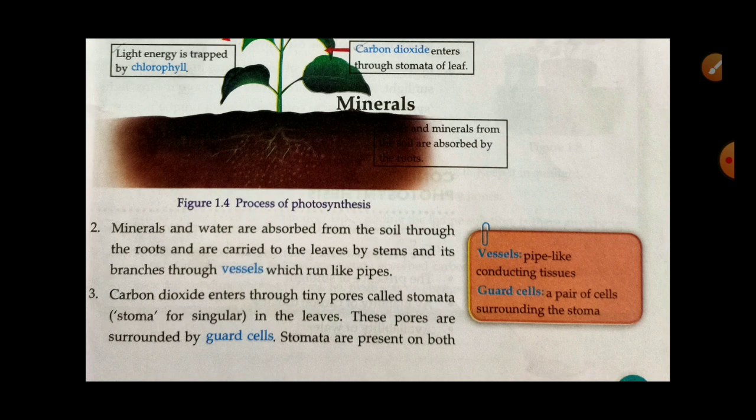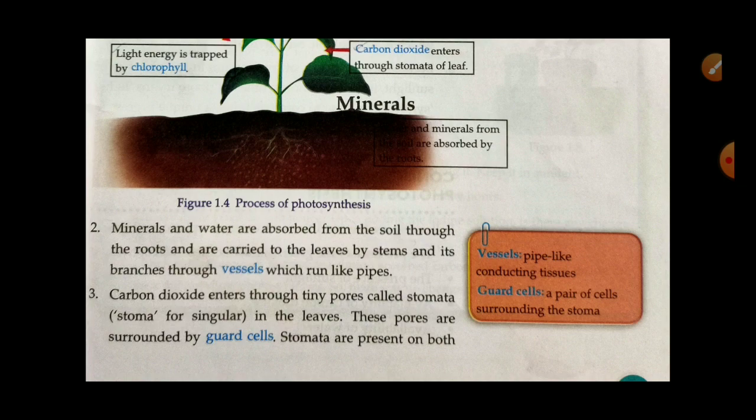Carbon dioxide will enter through these pores, which are surrounded by guard cells. The guard cells help to take in the carbon dioxide.